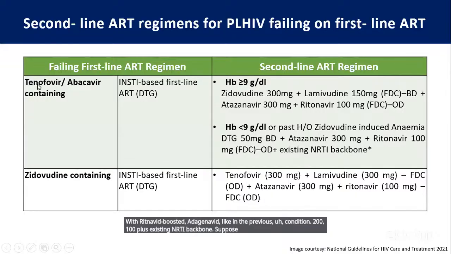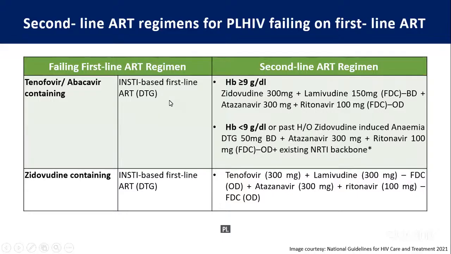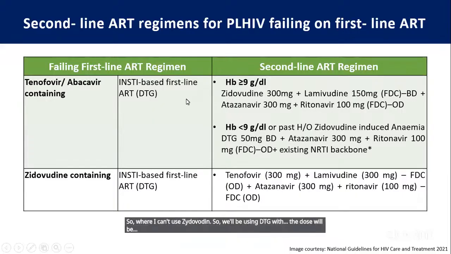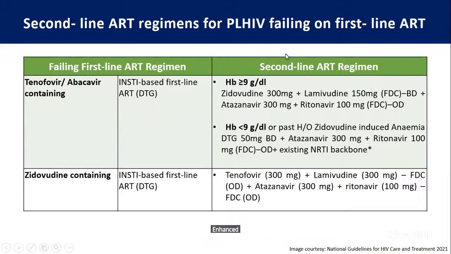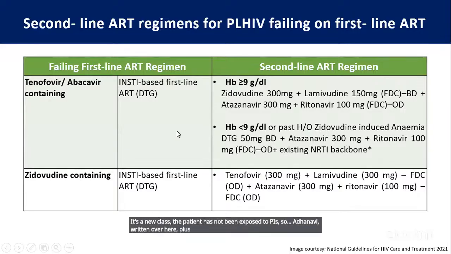Suppose the patient was on TLD, and now the hemoglobin is less than 9. Here I can't use zidovudine, so we'll be using DTG with the dose enhanced from 50 OD to 50 BD, and atazanavir is a new class. The patient has not been exposed to PIs, so atazanavir ritonavir plus the existing NRTI backbone of TL can be used.